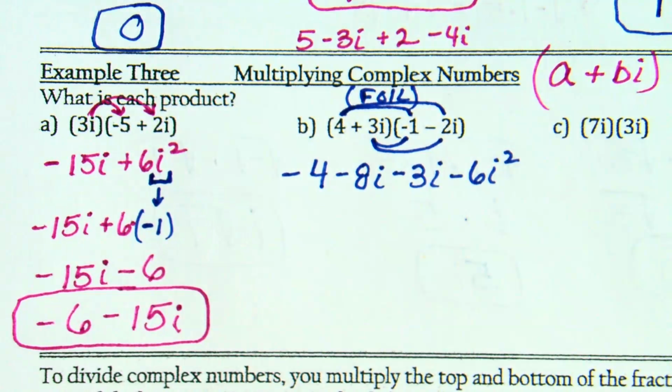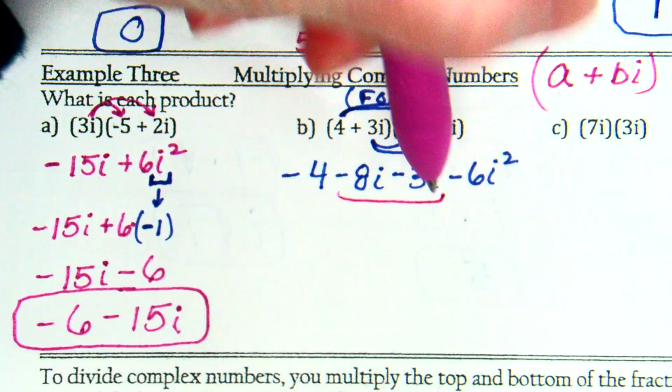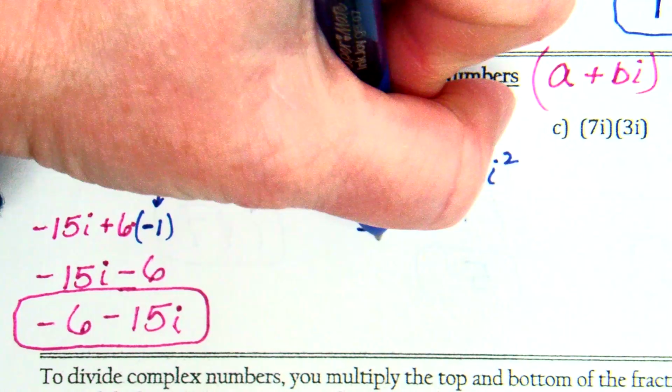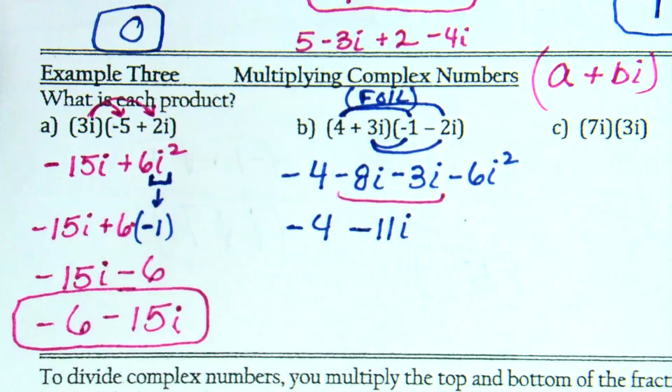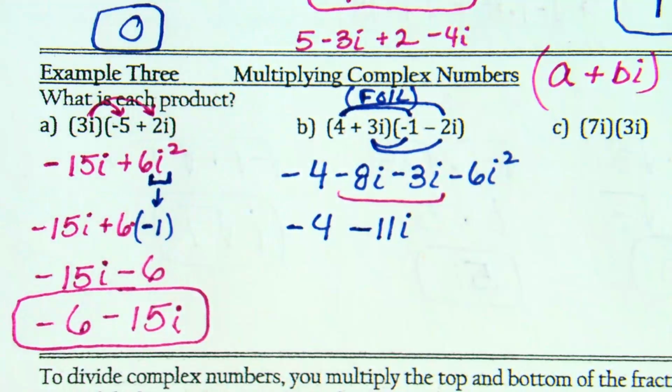Now what? Combine like terms. Minus 8i minus 3i will go together. What is minus 8i minus 3i? Minus 11i. The minus 4 I'm just going to carry down for right now. What about minus 6i squared?